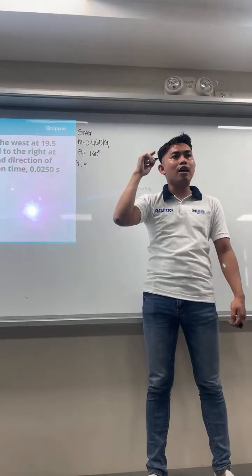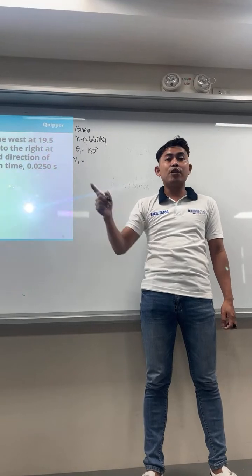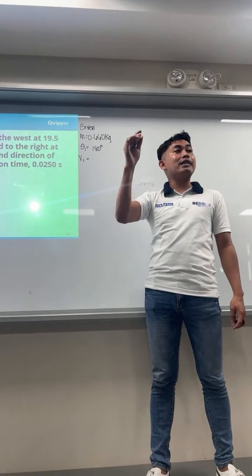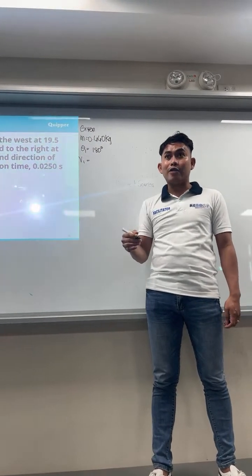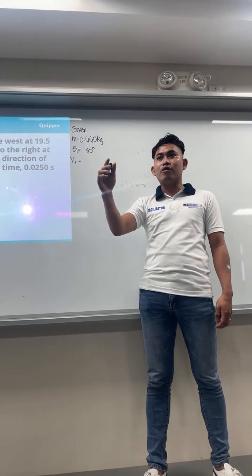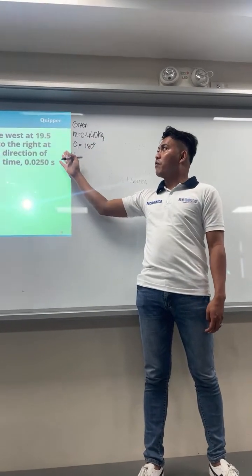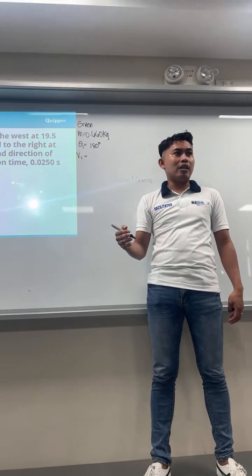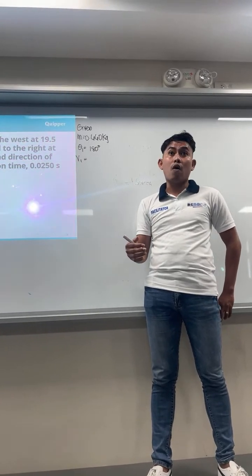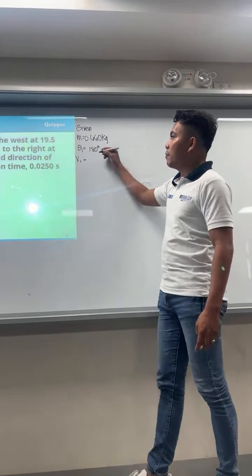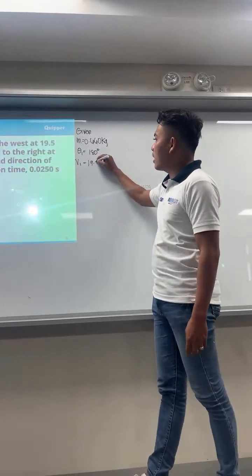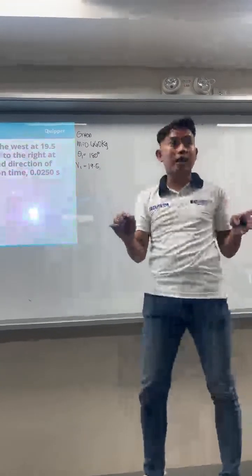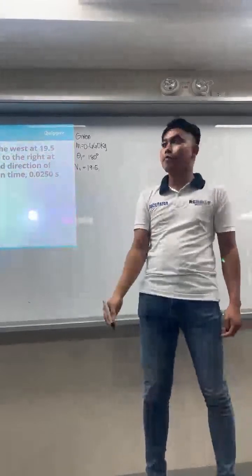Huwag niyo munang gawing negative, even though it is heading west, because there is a separate solution later. If you make negative 19.5 times cos 180, it becomes positive, which is wrong. So for the meantime, i-positive muna natin siya. Wala munang direction.